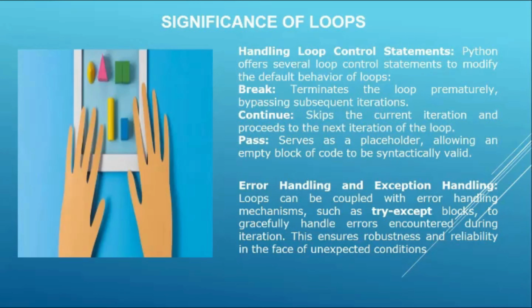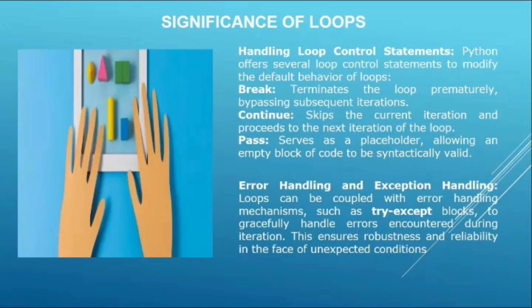To stop the execution, we use the break keyword, or we can say the loop control statement, that is break. So when the condition is met, it will break the loop and come out of the loop. So that time we use the break statement. In terms of switch cases, we can use the break statement.